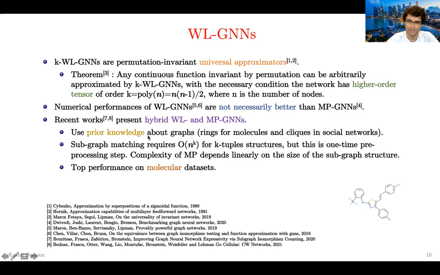In this technique, they use some prior information about the class of graphs that you want to process. For example, we know for molecules that we have rings, so cycles, and for social networks, we have cliques. So based on this structural information, they can design new message passing GNNs, which are quite performant on molecular datasets.